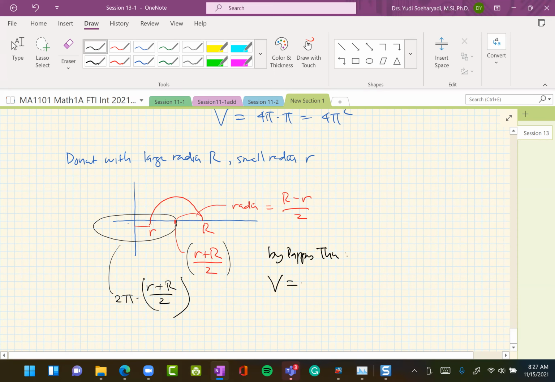the volume of this donut is the area. What is the area? Area is pi r squared. This is the radius.